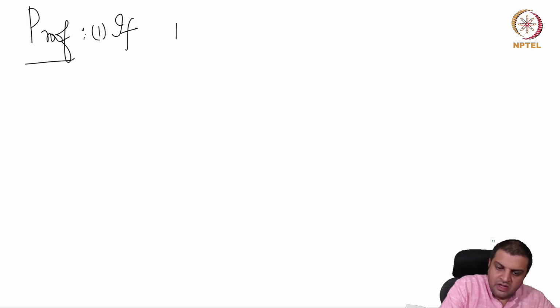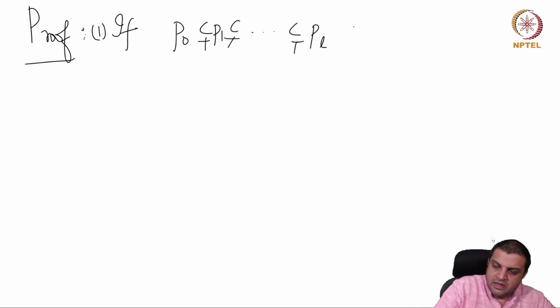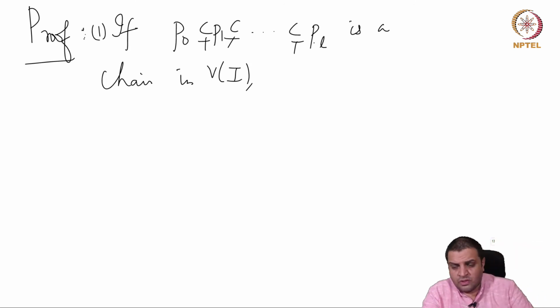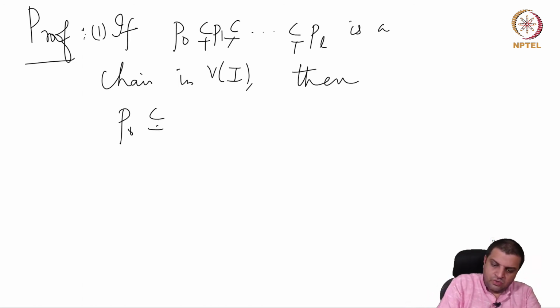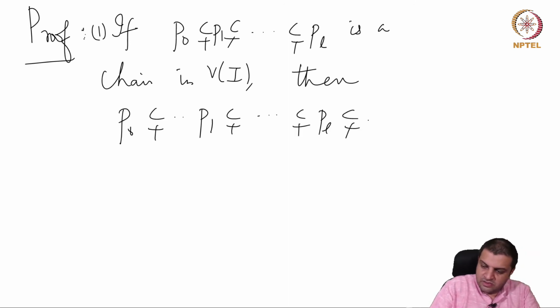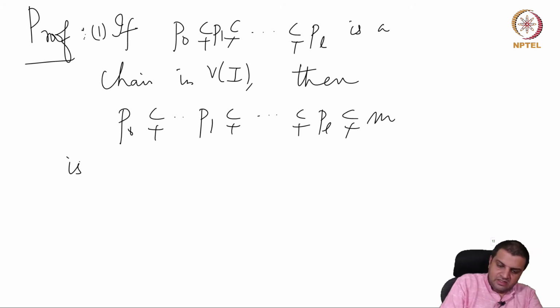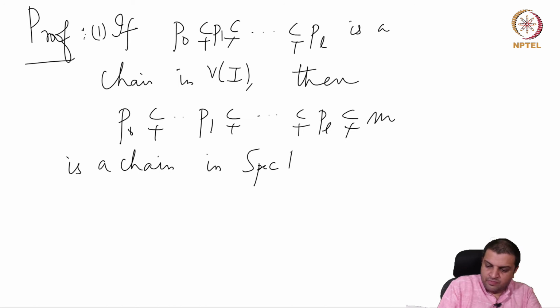If P0 inside ... inside PL is a chain in V(I), each a homogeneous prime ideal not equal to the maximal ideal, then P0 inside P1 inside ... inside PL, strictly inside the homogeneous maximal ideal, is a chain in Spec R mod I.